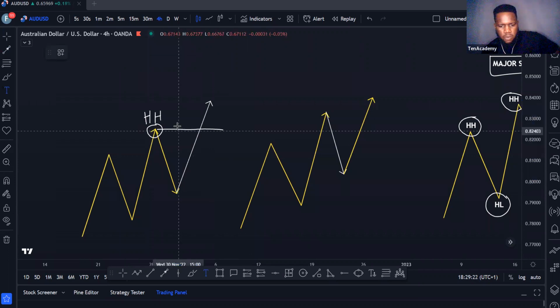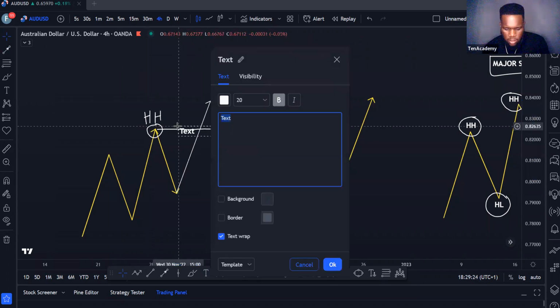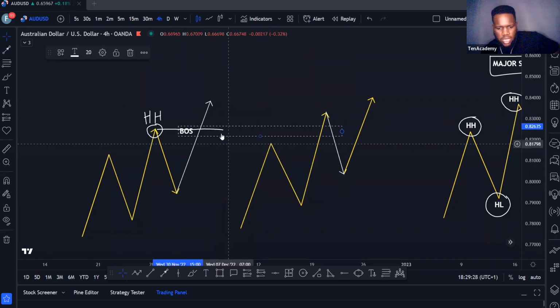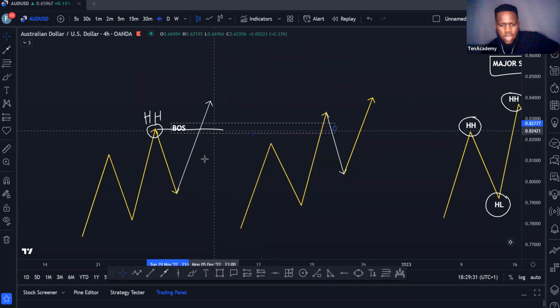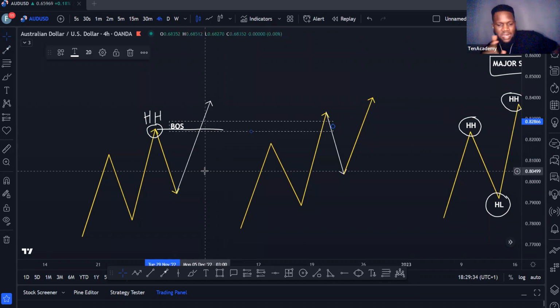The short form for it in the smart money concept community is BOS. So we call this a break of structure. A major structure can never be created until price breaks structure. And what is the characteristic of a break of structure?